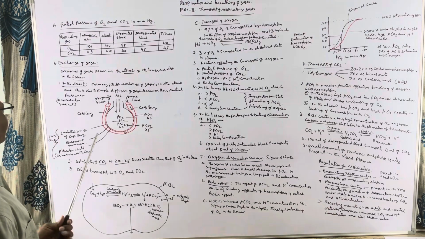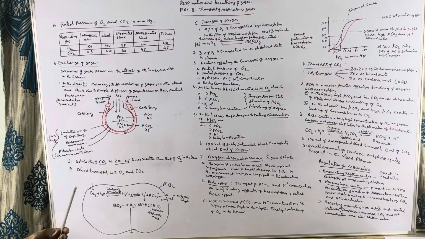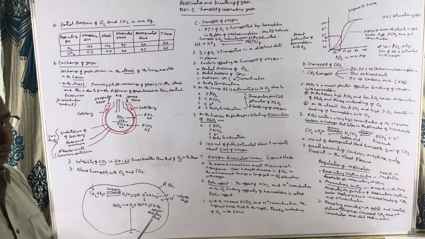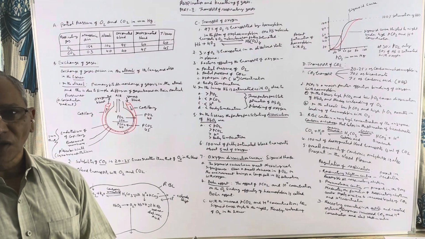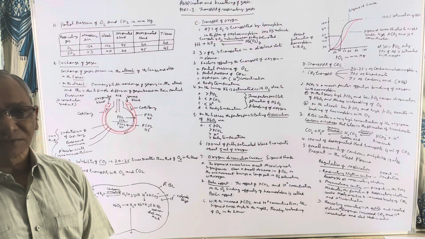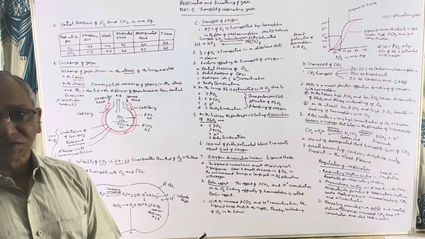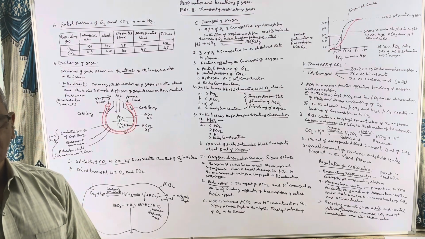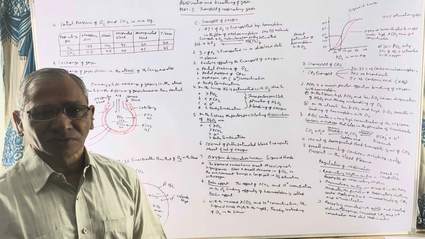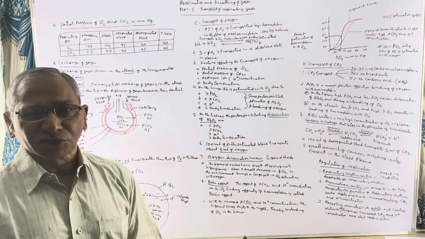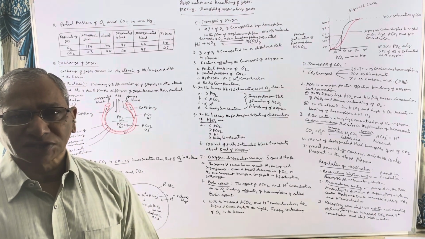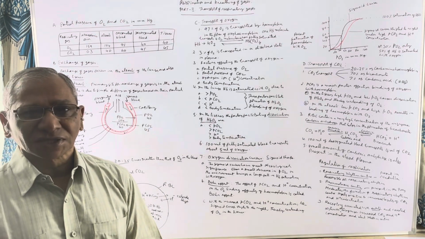Then, exchange of gases. That means exchange of oxygen and carbon dioxide. The exchange occurs at two places. The first place is alveoli. The second place is in tissues. In the alveoli, what happens?